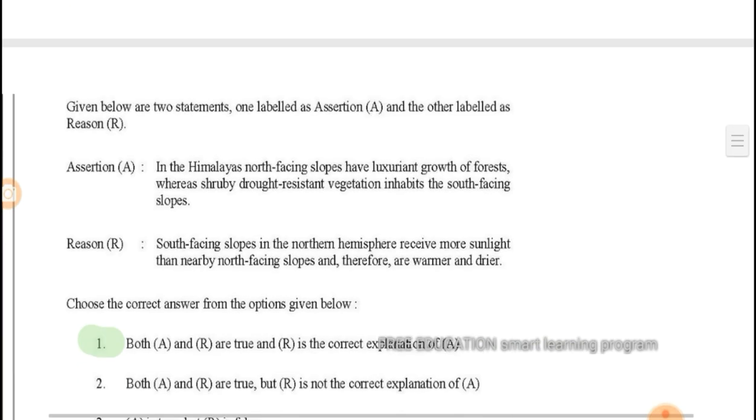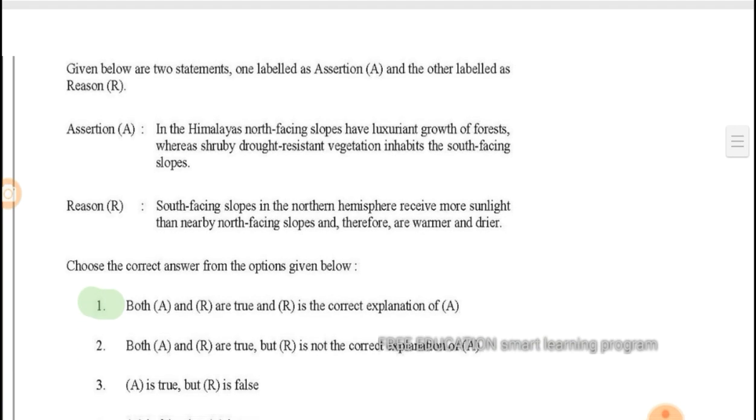Okay, next question. Assertion and reason. In the Himalayas, north facing slopes have luxuriant growth of forests, whereas shrubby, drought resistant vegetation inhabits the south facing slopes.